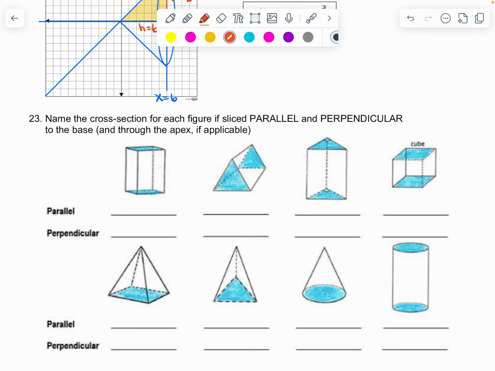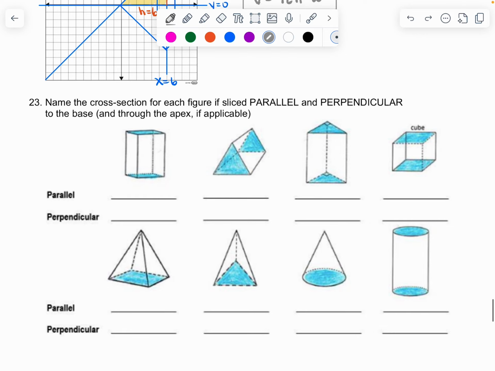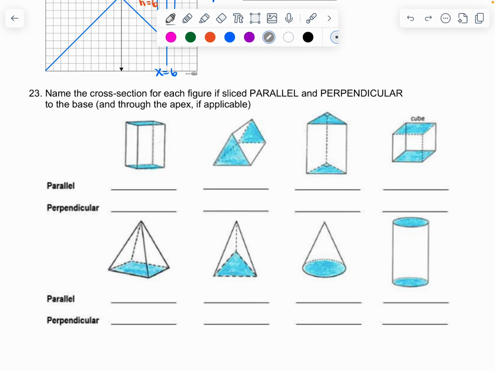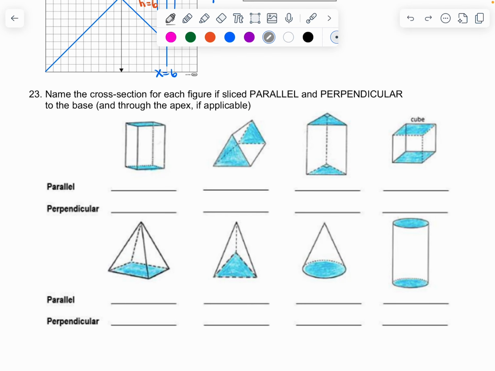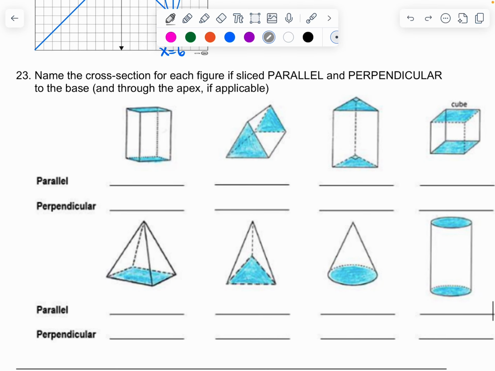All right, and then lastly, these are quick. These are all just cross-section questions. And again, on your test, you're only going to be asked about parallel to the bases and perpendicular to the bases. So we don't have to think too hard about these questions at all. The bases are shaded in blue, by the way, so you don't have to really guess where the bases are.